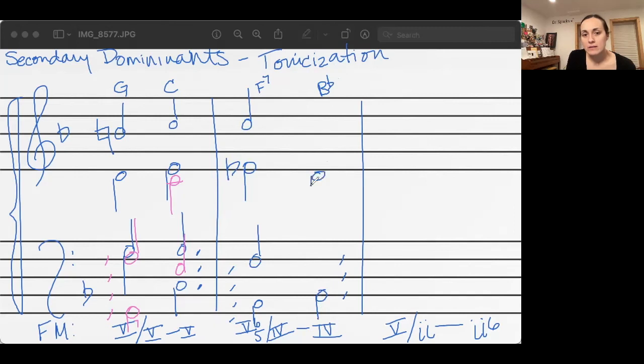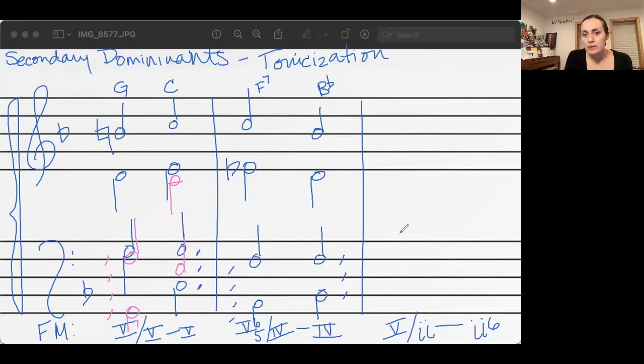The chordal 7th has to come down, so we've got the B flat and the D. We're going to keep as many of these common tones as possible. And then the C can go wherever is most convenient. In this case, we probably would like to double the root just so that we have that reinforcement of that tonality. So there's an example of a 5/6/5 of 4 resolving to 4.